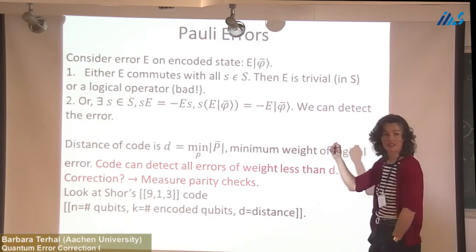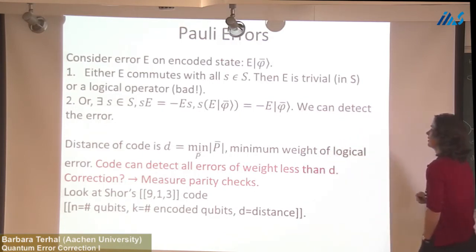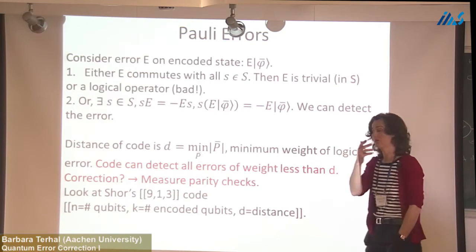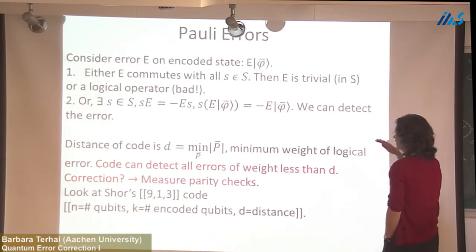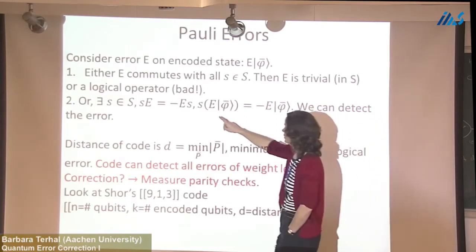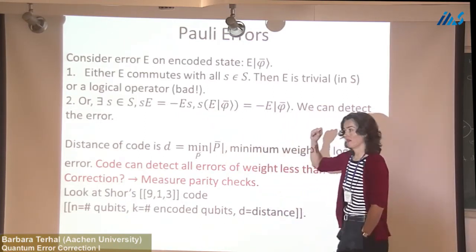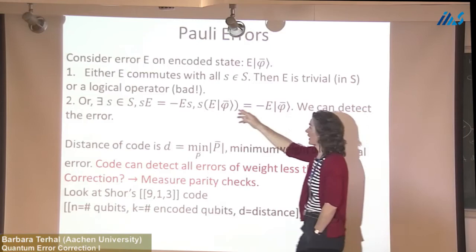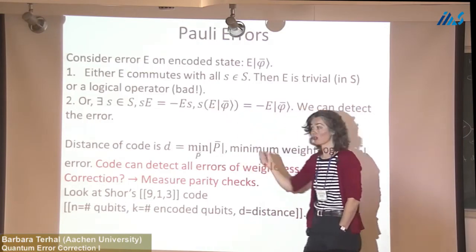That means we can detect the error. So that's the idea. You asked about detection: in order to detect and then possibly correct the error, we measure the eigenvalues of the generators of the stabilizer group.